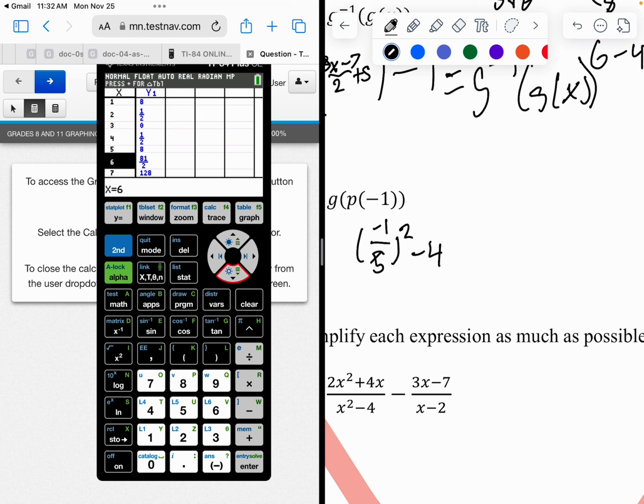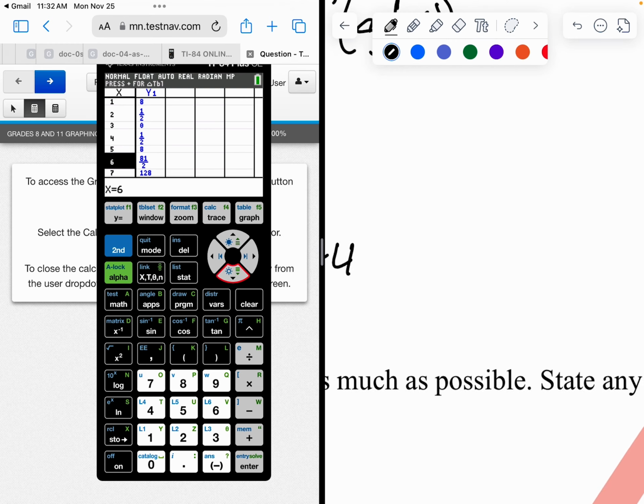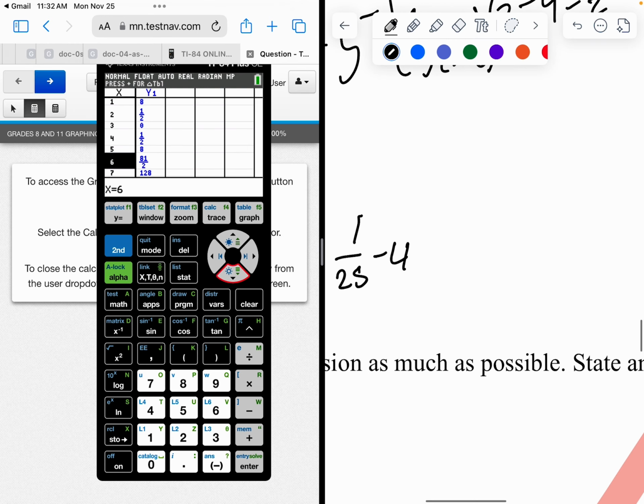So it's going to be 1 over 25 minus 4, because negative 1 squared is 1, and 5 squared is 25. So we'll convert 4 to 25ths.